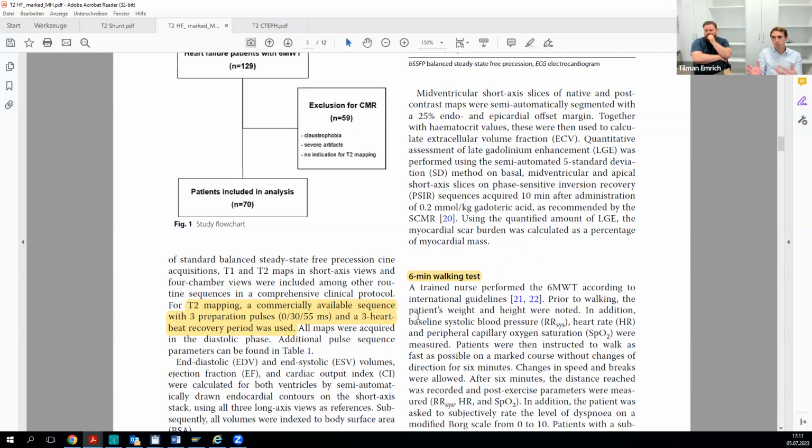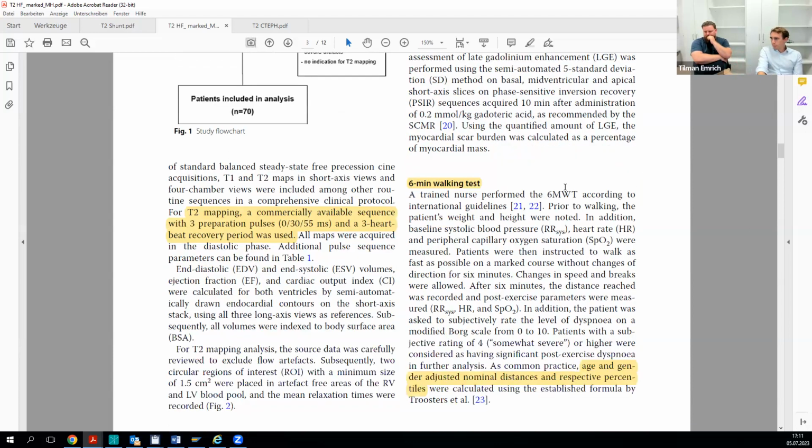So it's not a specifically tailored sequence for the blood pool, but the one that we also use for the myocardium, which makes it quite different from previous attempts that aimed at quantifying the blood oxygenation in the blood. Those were mostly specifically tailored sequences with longer or more preparation pulses.